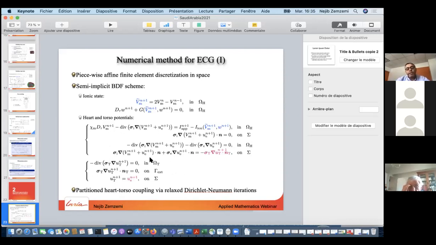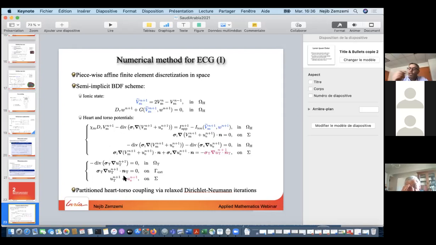For instance, solve first the torso potential, and then inject the flux into the heart, solve the heart, and then inject the trace of the extracellular potential on the torso, and solve the torso, and do it again until you converge.